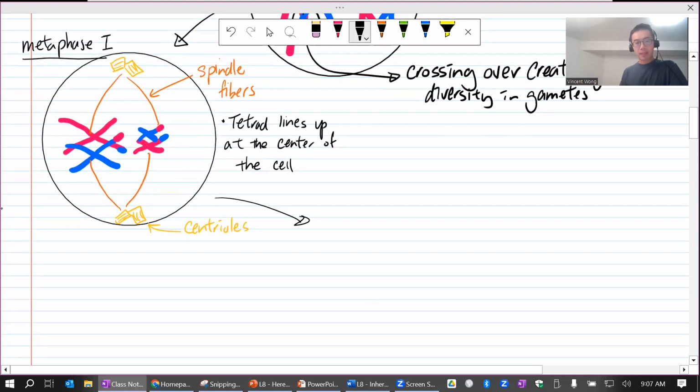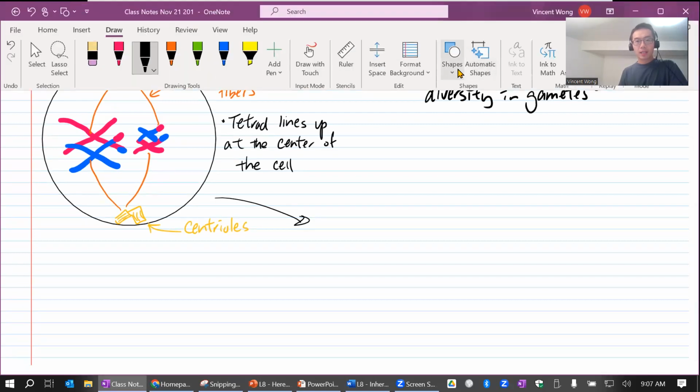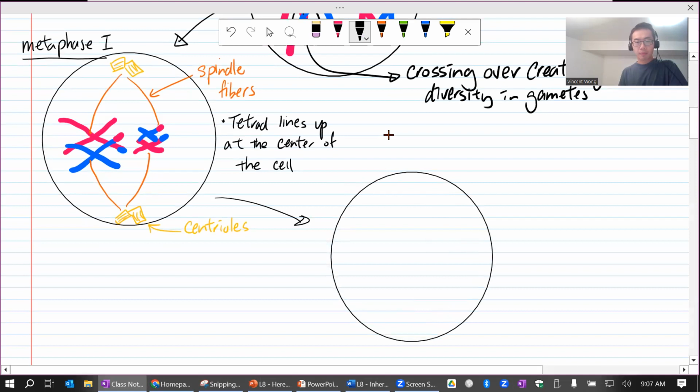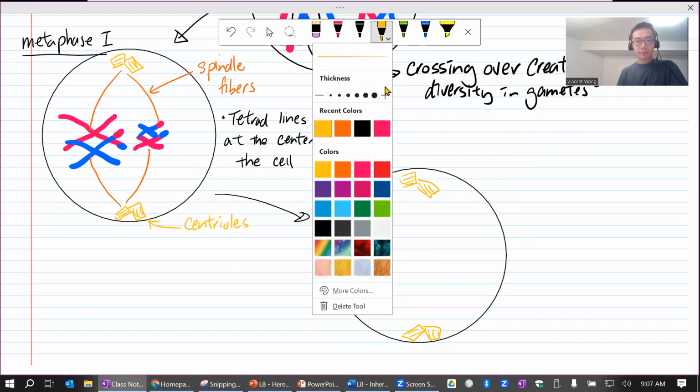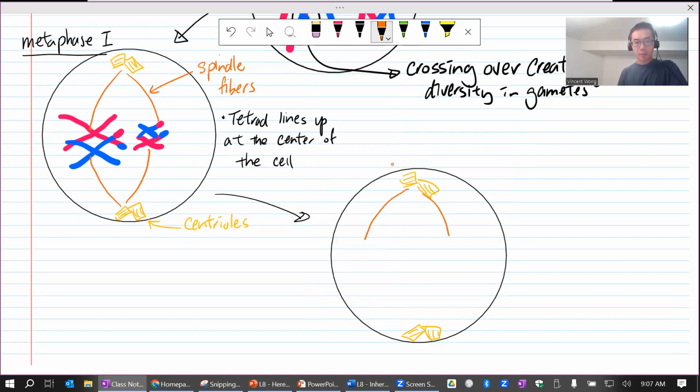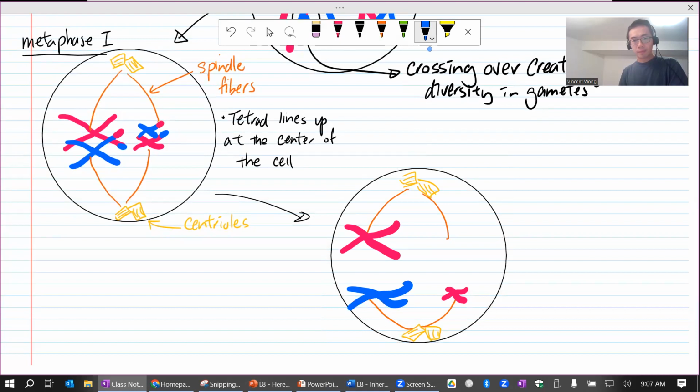And then what happens is you will have the anaphase. Anaphase is going to pull the homologous chromosomes apart. And remember, you already did the crossing over, so there's a little bit of red on the blue and a bit of the blue on the red.